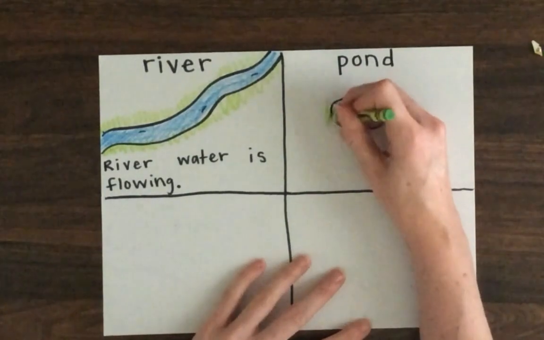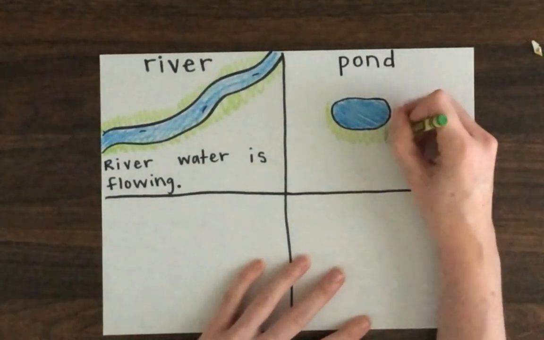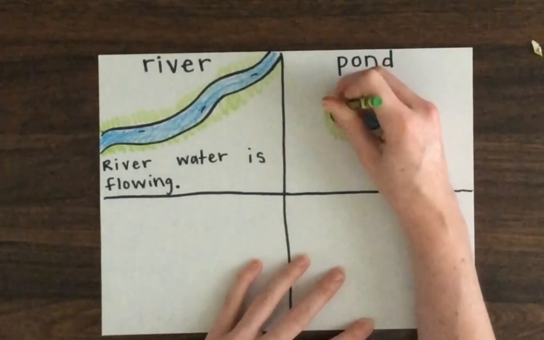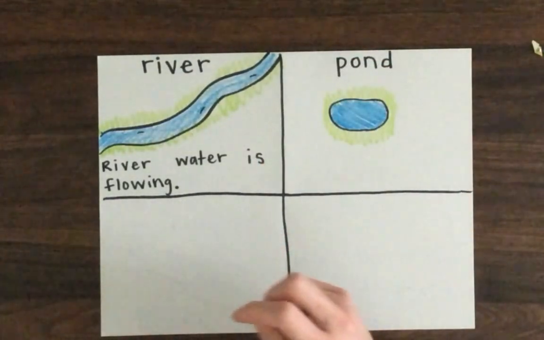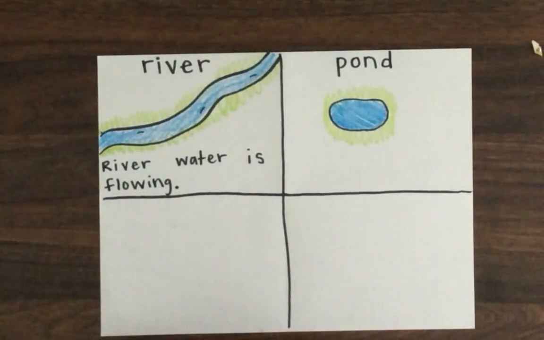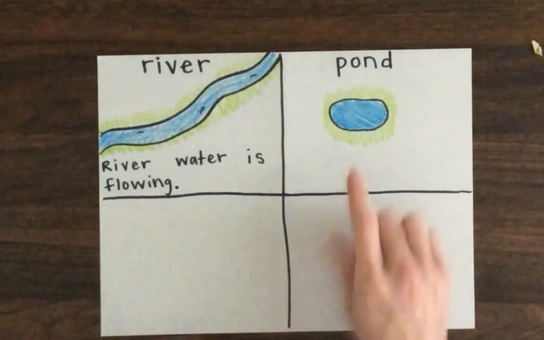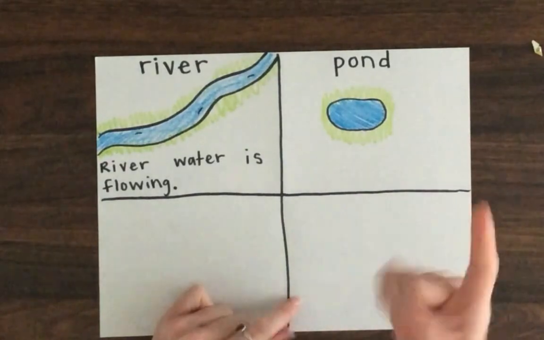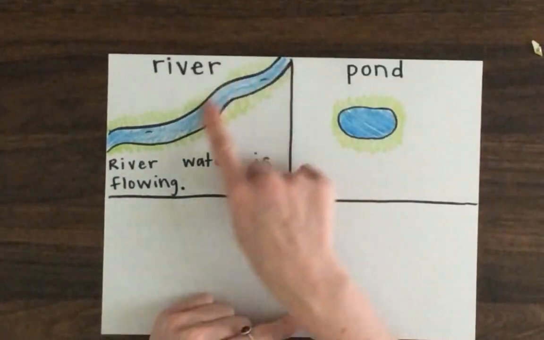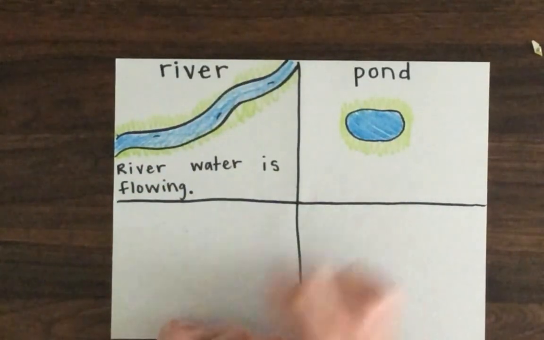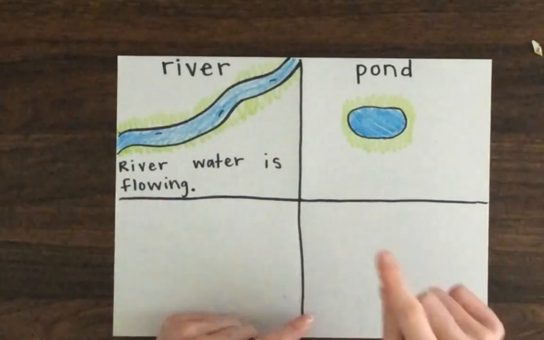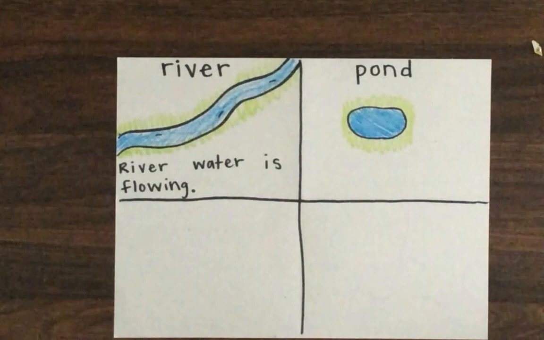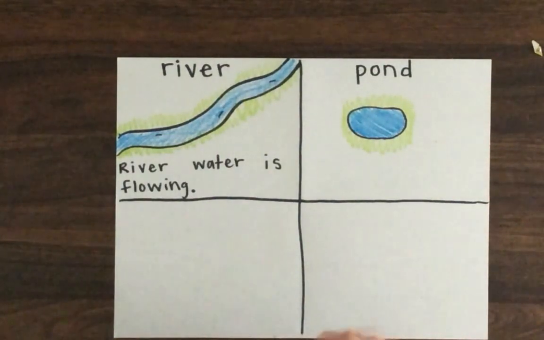And ponds are also surrounded by land. All right, so I could write a couple of different sentences that I know about ponds. I could write ponds are small. Oh, I know that the pond water isn't traveling like river water, so I could say pond water is still. I could say ducks swim on ponds.